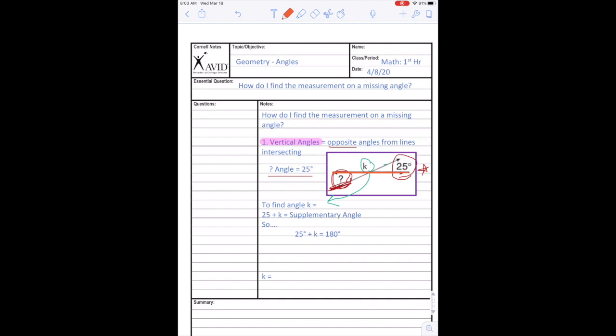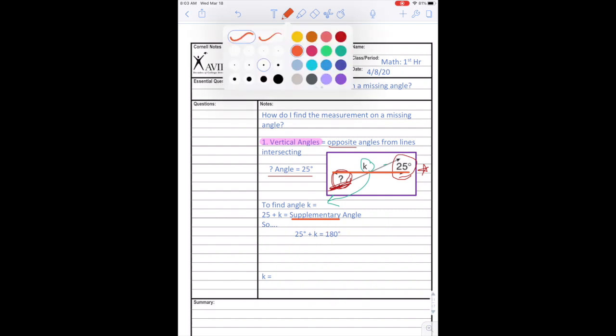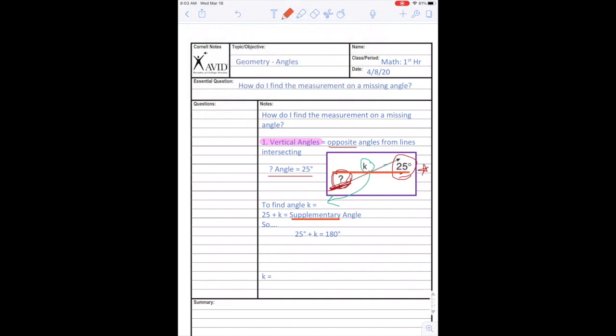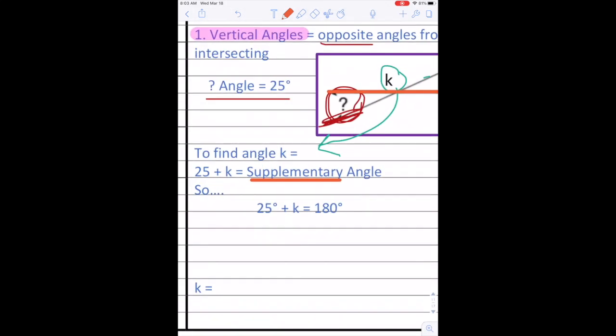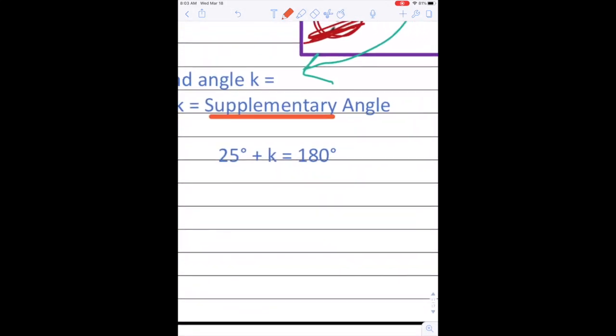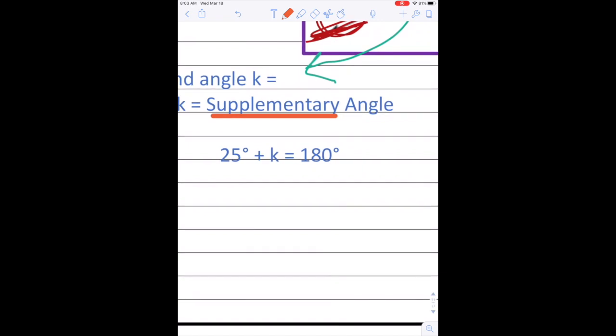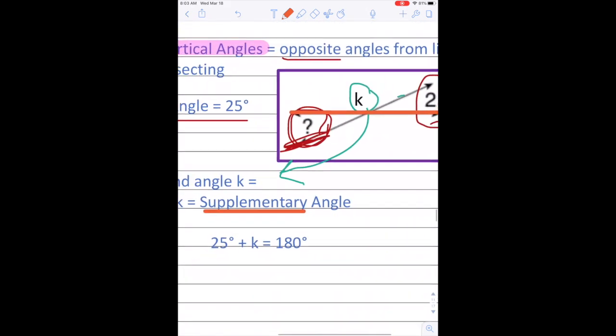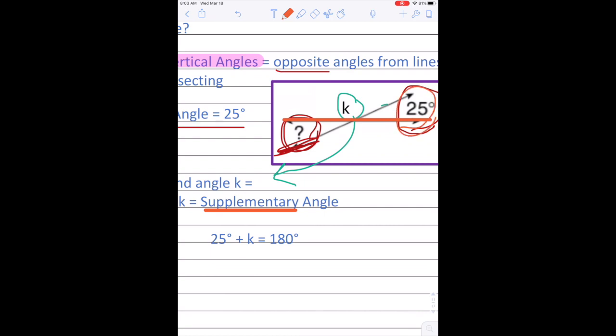And straight, we also know, is supplementary, and that is 180 degrees. Okay, so now we can go ahead and, similar to before, balance this equation. So I know if I have 25 degrees, which was this angle right here, plus K, I'm going to end up with 180 degrees.